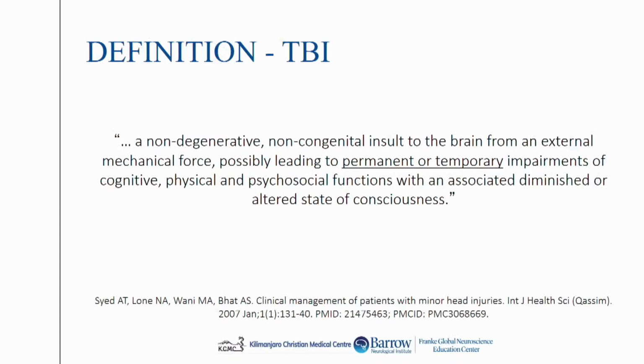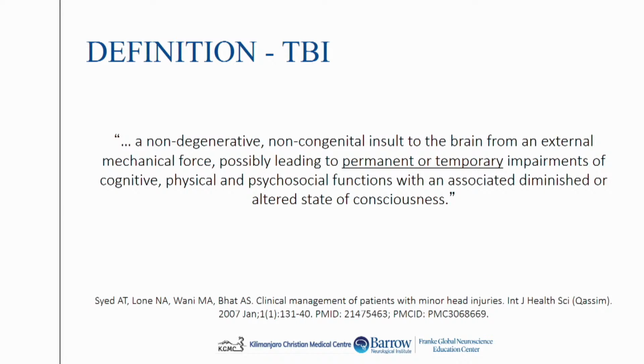So what is TBI? One definition that is long but attempts to encompass a lot of what traumatic brain injury is comes from Syed et al. in 2007. Essentially an insult to the brain that's not degenerative, that's not congenital, that comes from an external mechanical force of some sort that can have permanent or temporary impairments in multiple modalities that the brain controls.